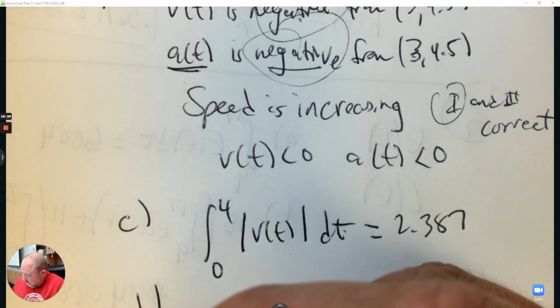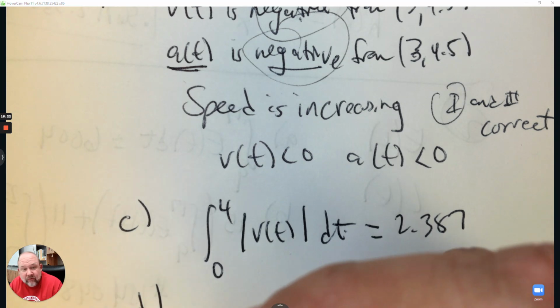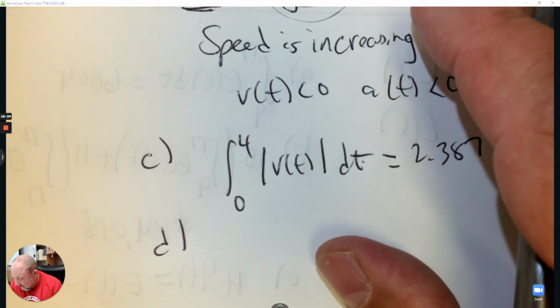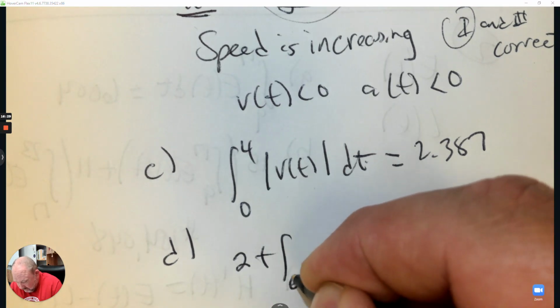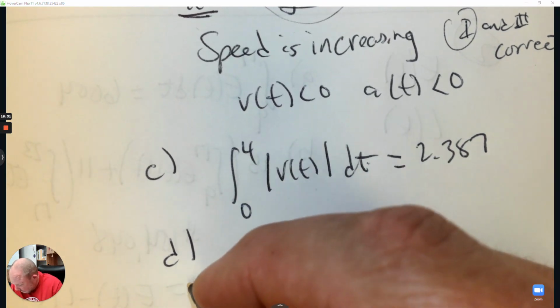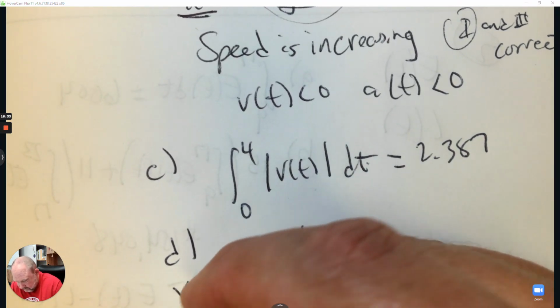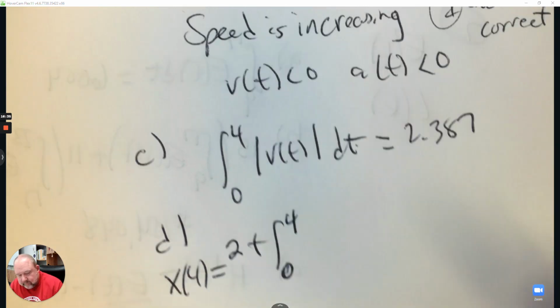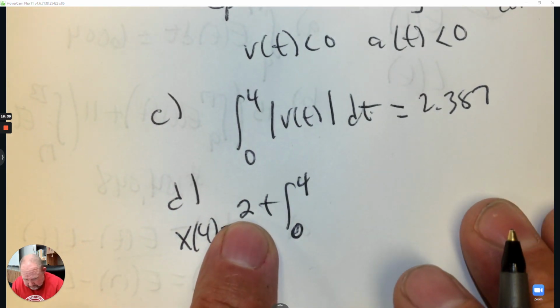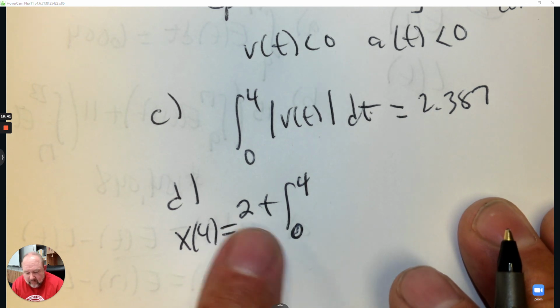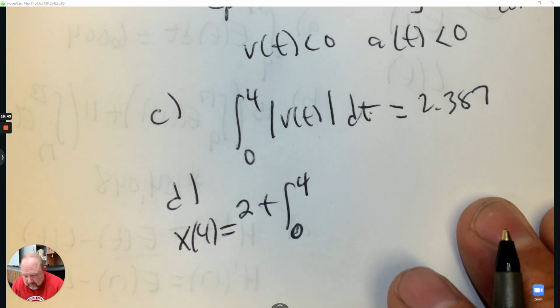All right, the last one, part D. What is the position of the object at time equals 4? So the initial position they said was 2. That's when we started at 0 and we want to know 4. So we want to know the position at 4. The initial position given is 2. And then we want to know up to 4.